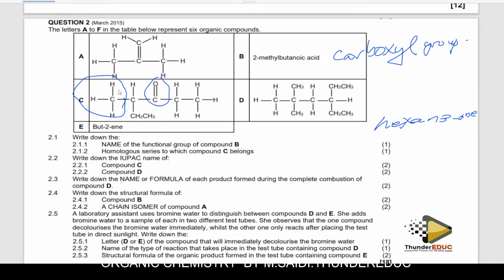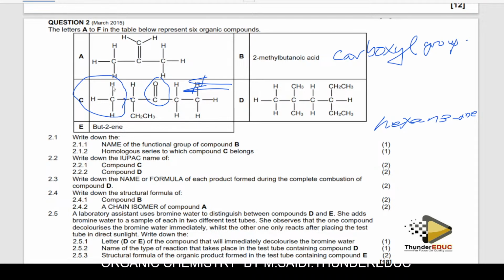But I have a side group here. Because I've used this direction when identifying the functional group, I can't go back this way. So I have to continue that way: 1, 2, 3, 4.